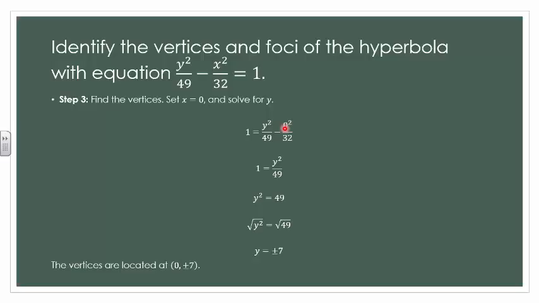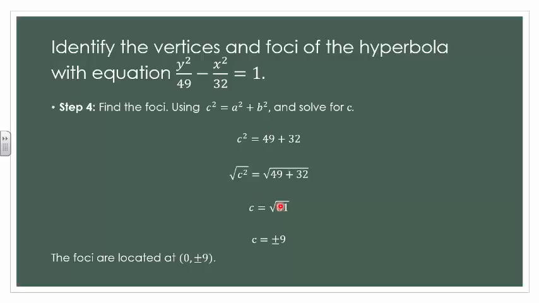Multiplying both sides by 49 gives us y squared equals 49. We take the square root of both sides, and we have y equals plus or minus 7. And thus our vertices are located at the points (0, plus or minus 7). That represents two separate points. One is (0, 7), and the other one is (0, negative 7). So now we have our vertices.